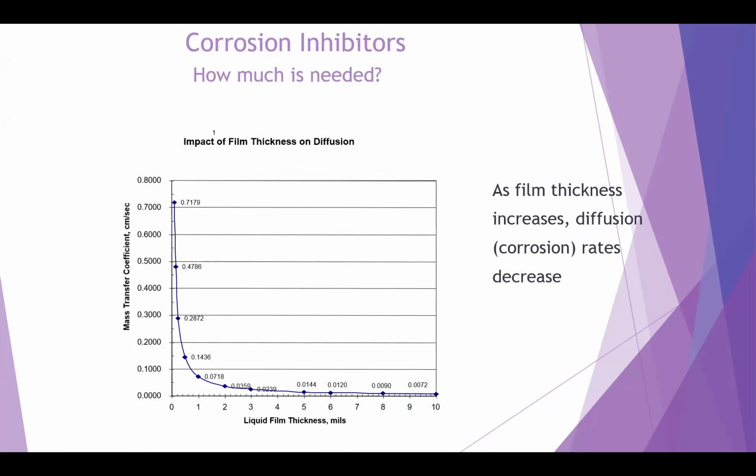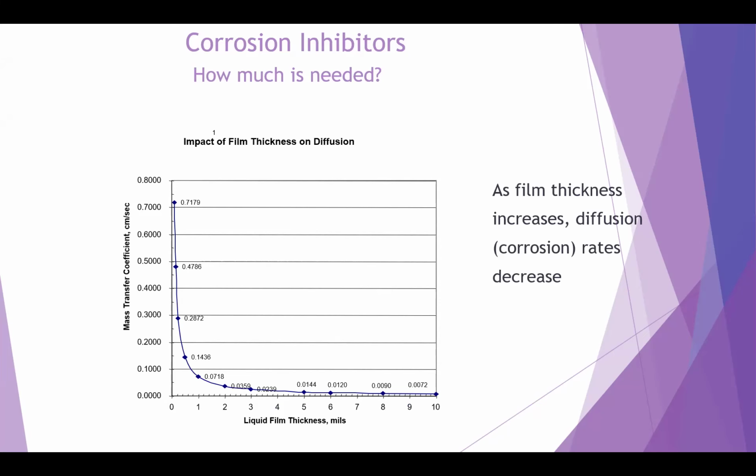What he found was that in the 1940s there was a very famous scientist, Dr. David Hackerman, who is considered the guru of corrosion inhibitors. He did experiments in the 1940s and 50s in which he correlated the mass transfer coefficient, that is the rate at which chemicals pass through a film, as a function of film thickness.